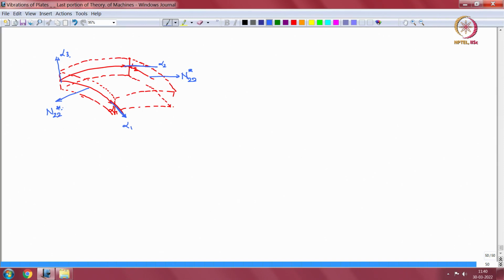In the static case they will balance, or there is a balance equation. In the dynamic case there will be some variations, but this is just to show the resultants. Okay, so then we have N11 star coming here, and N11 star.